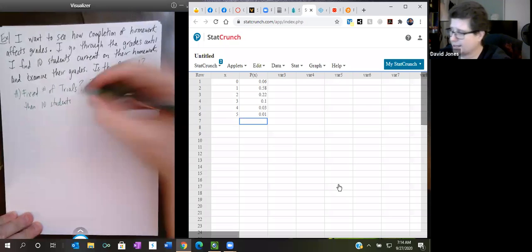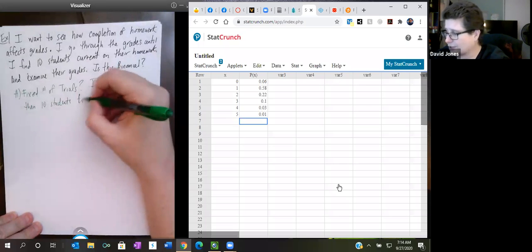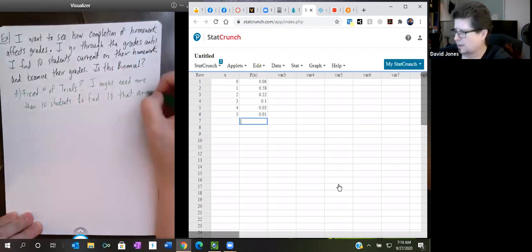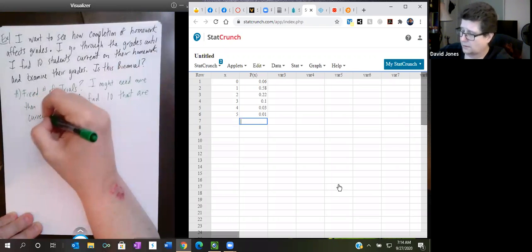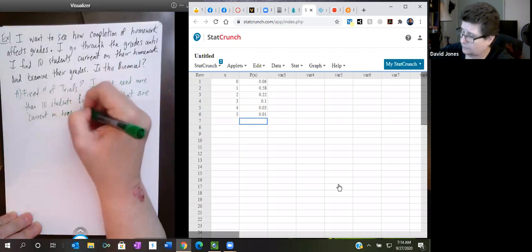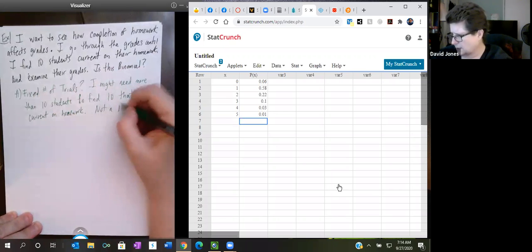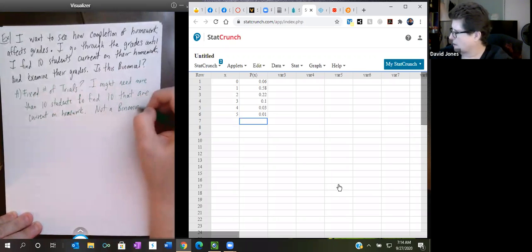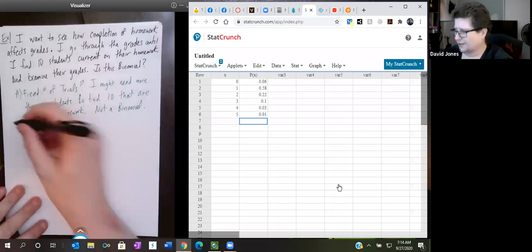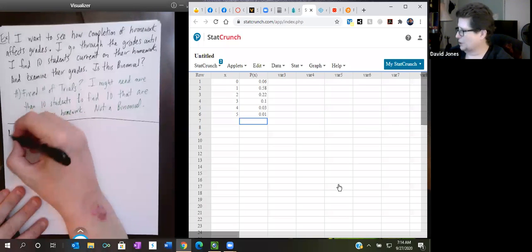I might need more than 10 students to find 10 that are current on homework. So no, this is not. It does not follow a binomial distribution. And I alluded to this earlier, so this one actually doesn't help.